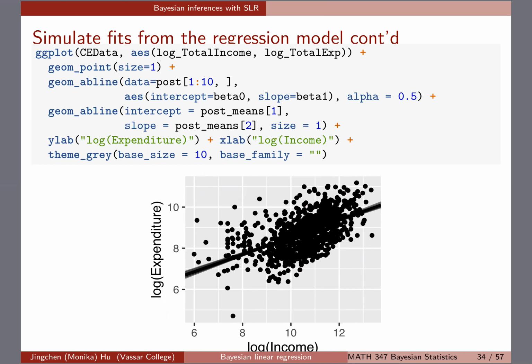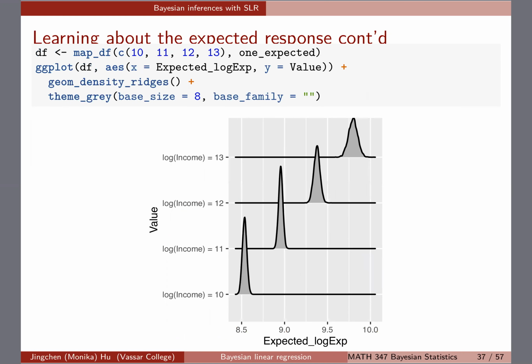So on that plot, the first two, 10 and 11, have spreads that are not that different from each other, because the number of data points might be very similar. But when you increase x to 12 and 13, you have fewer data points, so higher uncertainty in estimating beta 0 and beta 1. That's the trend you see.